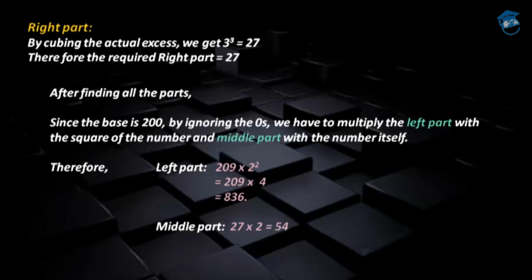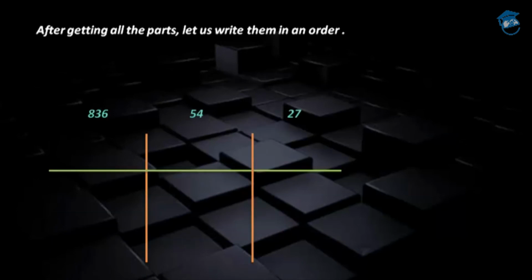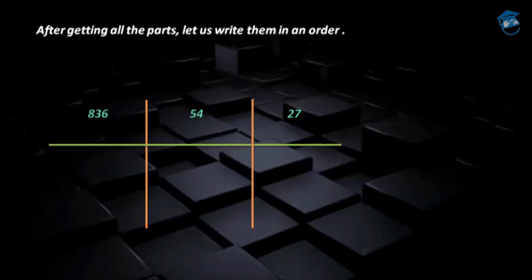Now after getting the left part, the middle part and the right part, we write all these parts in order and place some horizontal and vertical bars like this. You know that the base we have taken is 200 and the number of zeros is 2. So we have to take only 2 digits in the right part as well as in the middle part.